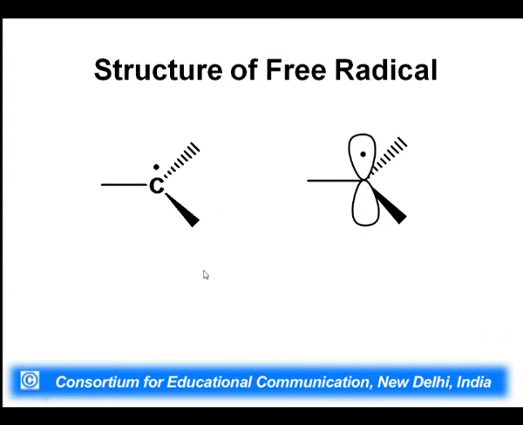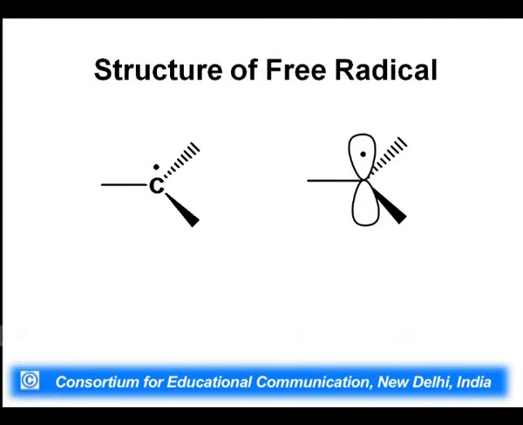In organic free radicals we take it as a planar molecule, but this planar or sp2 hybridized free radical is somewhere in between an sp2 and an sp3 hybridized system. So if I place all the atoms as H, so a CH3 radical, then this system is known to be more of a planar kind of system.